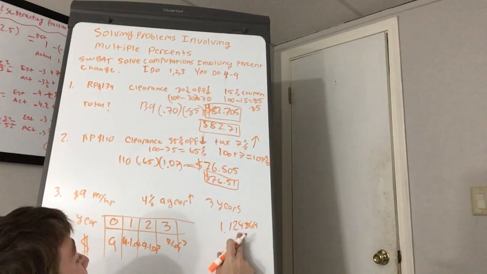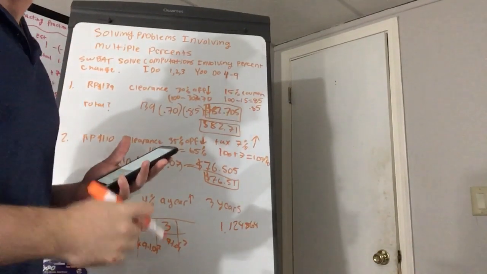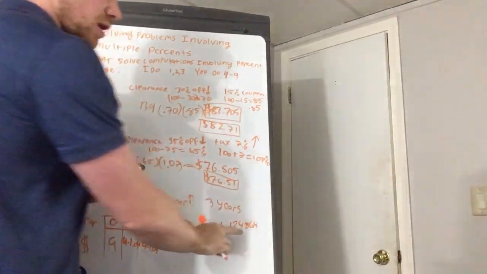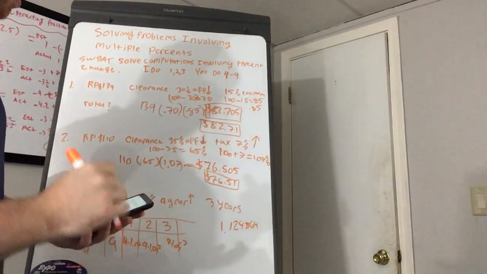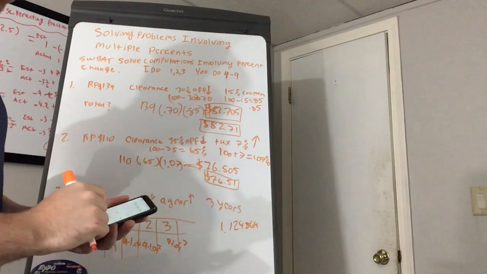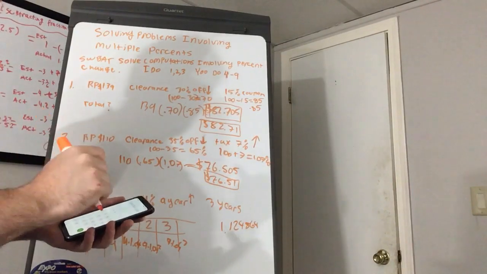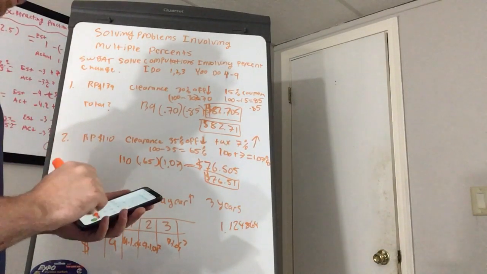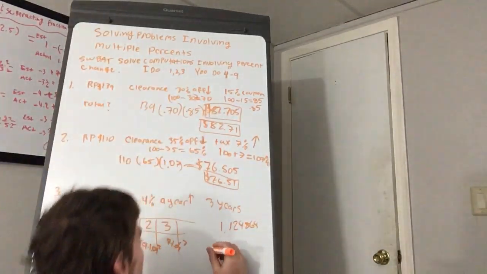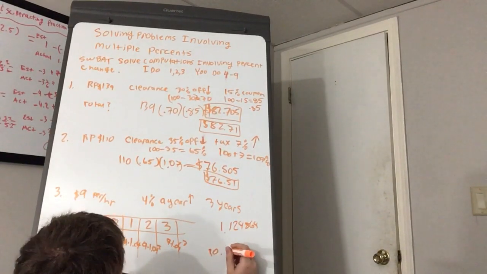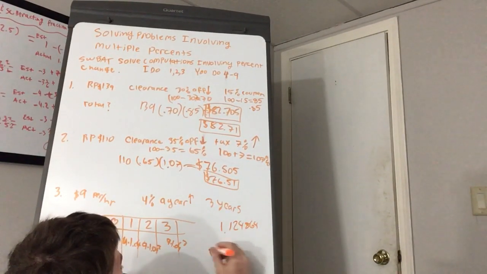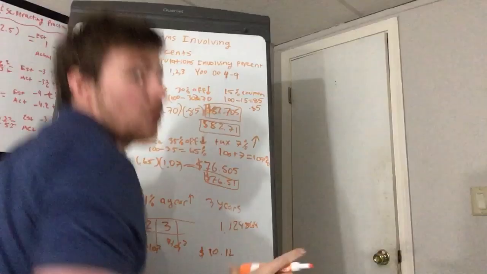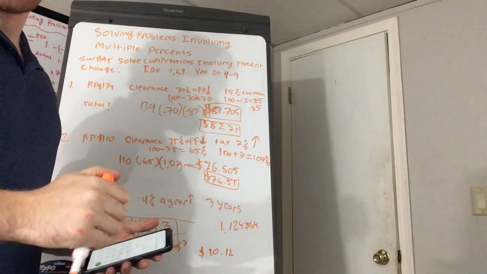That is not the same thing as 1.12, right, guys? This is a much larger number than 1.12. So what you're going to do here is now multiply this by 9. And you'll get $10.12.